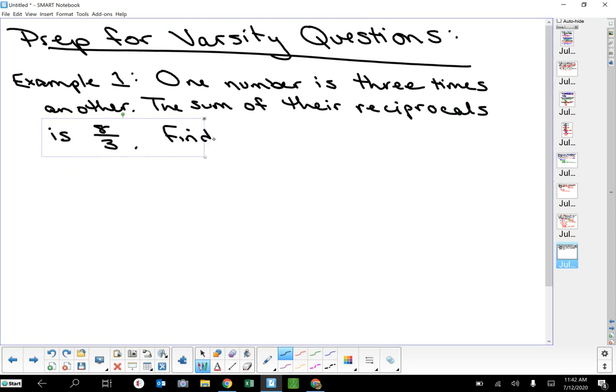Find the numbers. Okay, well, here's what we know. One number is 3 times another. So we know nothing about one number, and the other one is 3 times the first one. So these are our two numbers.